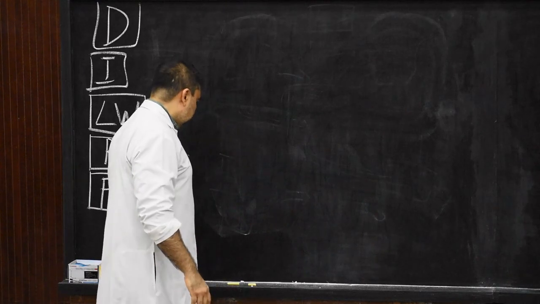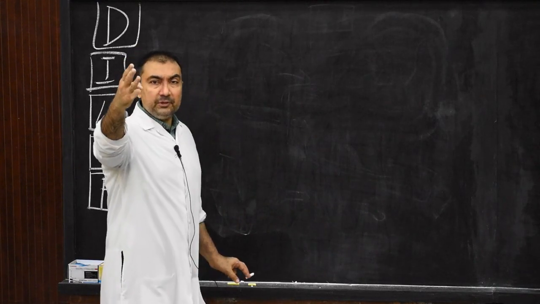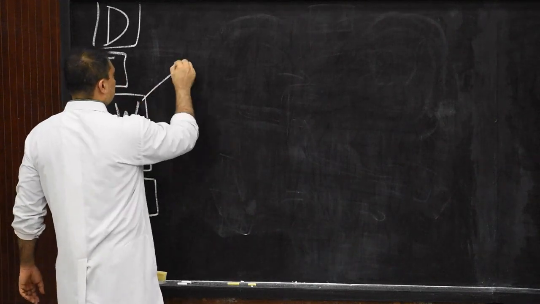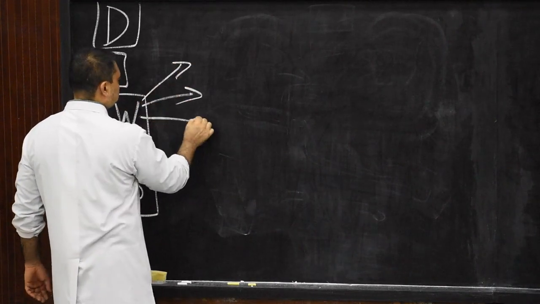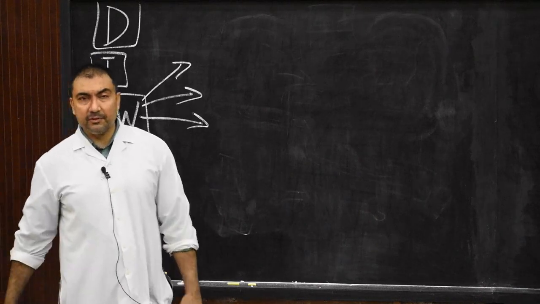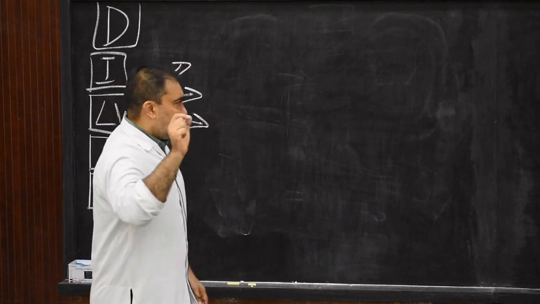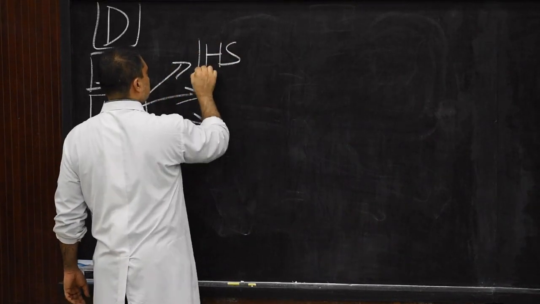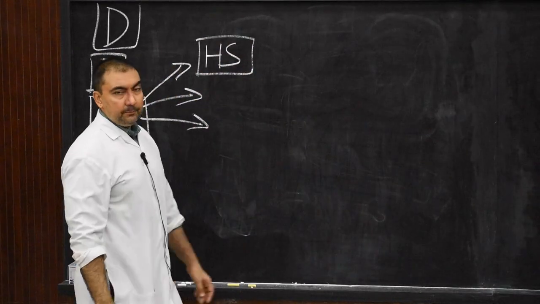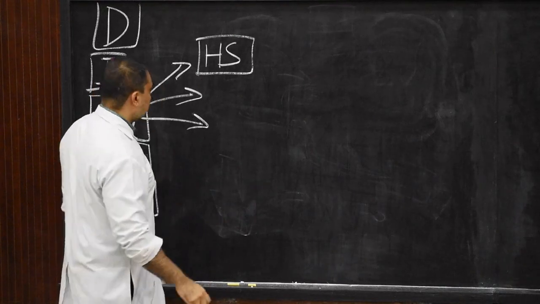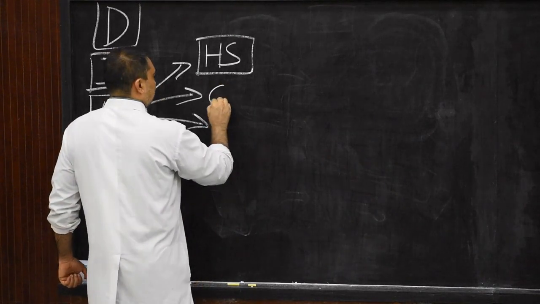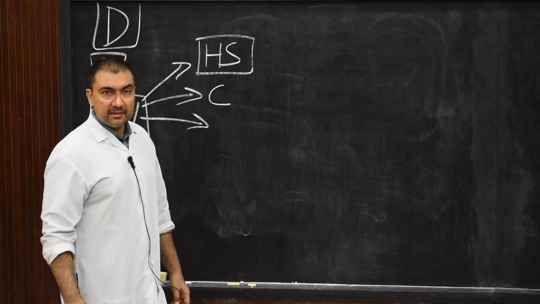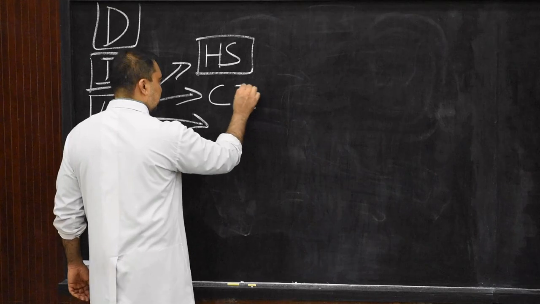So therefore, in the lateral wall, not roof plate, there are 3 points which we have to cover. First point, there will be development of the hypothalamic sulcus. Second point, there will be development of the connexus interthalamicus, C-O-N-N-E-X-U-S.